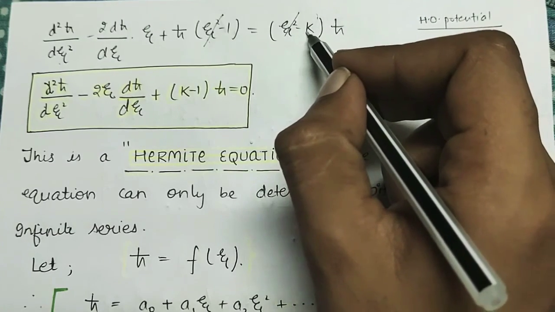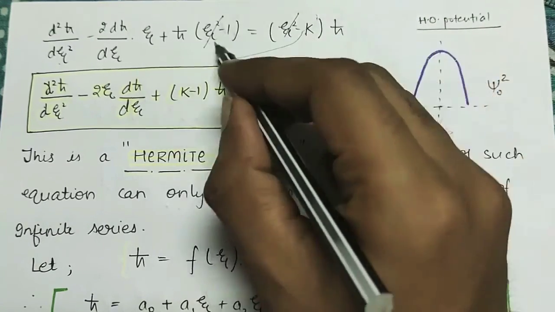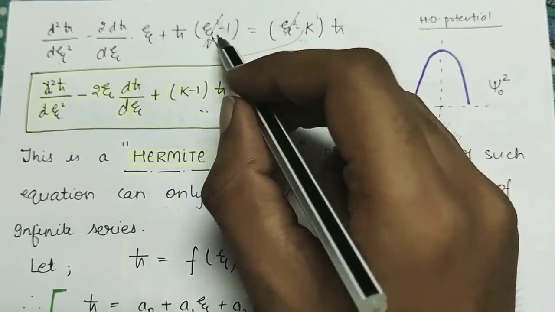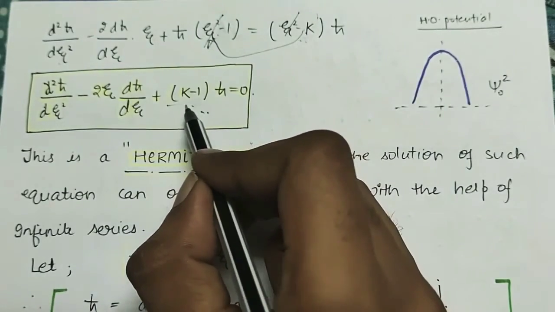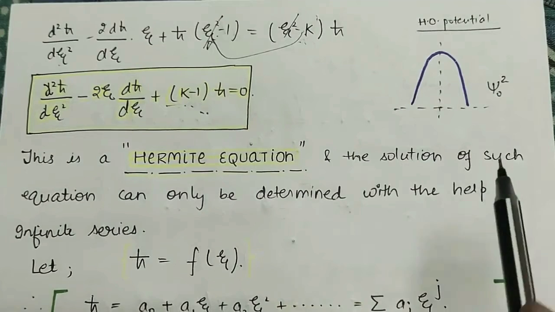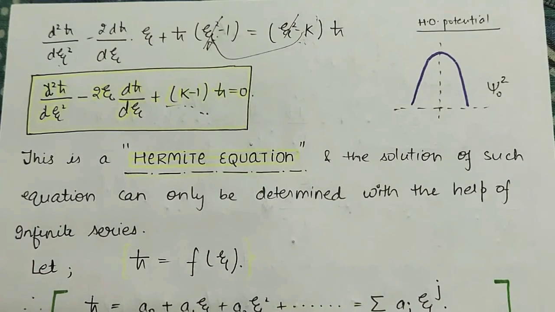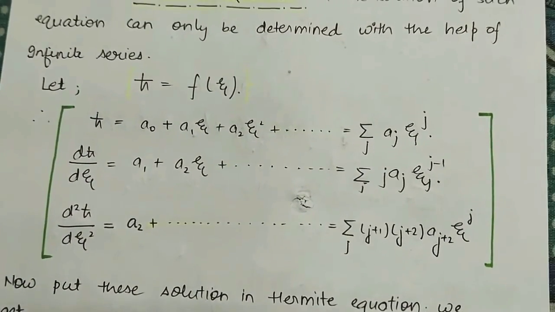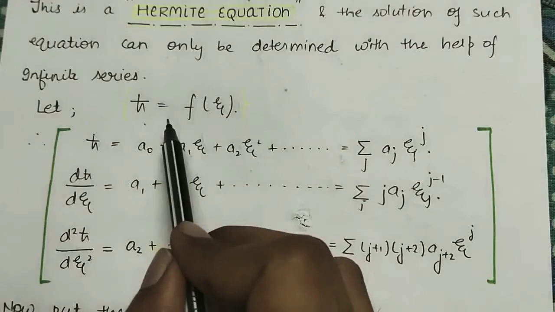The value of minus k is at the left side here, so it is minus, and now this makes a positive. This equation is called the Harmonic equation, and the solution of such an equation can only be determined with the help of infinite series solution. Now again we have to assume that h cross is a function of xi.